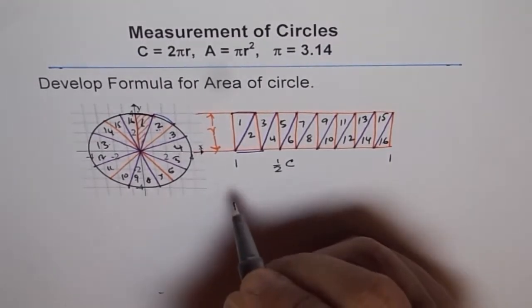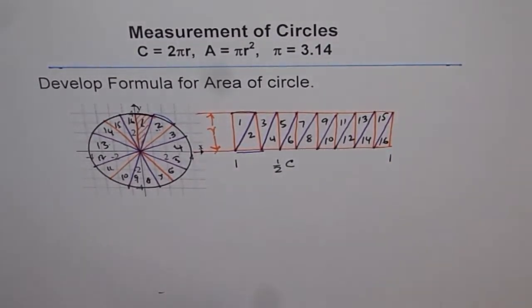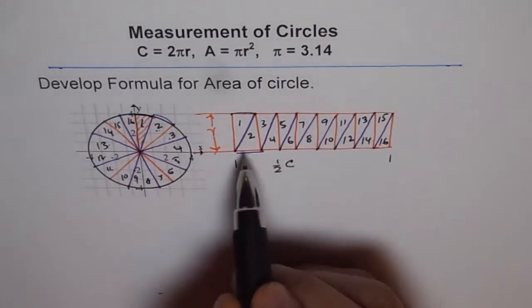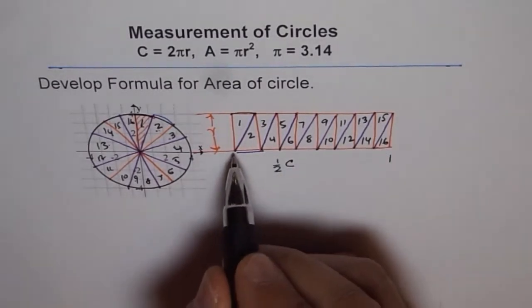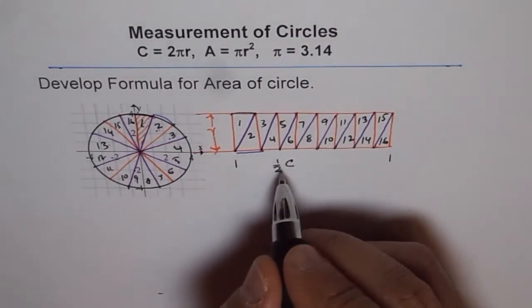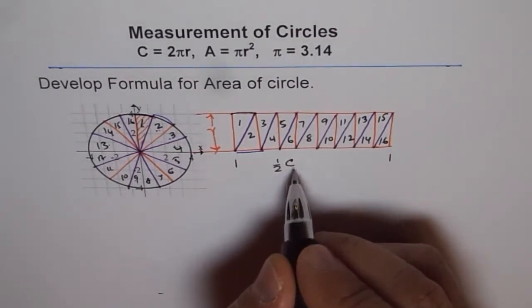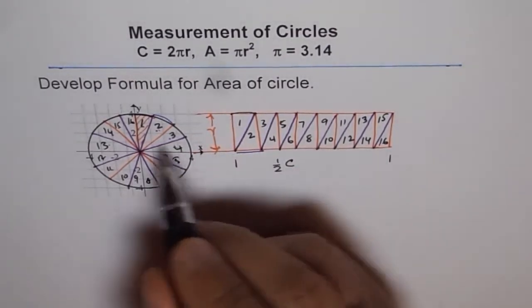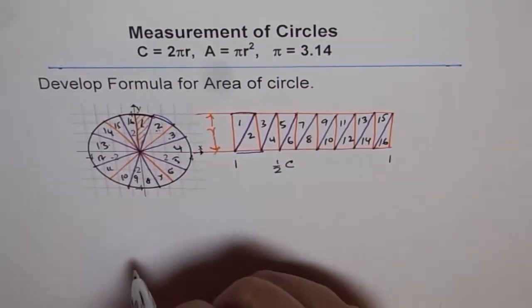Do you see that? So half of the circumference is here and the rest is here. Therefore, the length of this parallelogram will be half of circumference, correct? And the width is equal to the radius, correct?